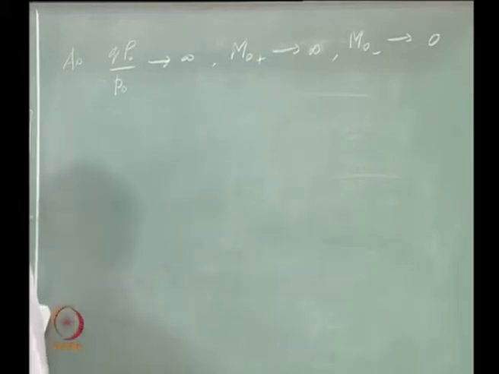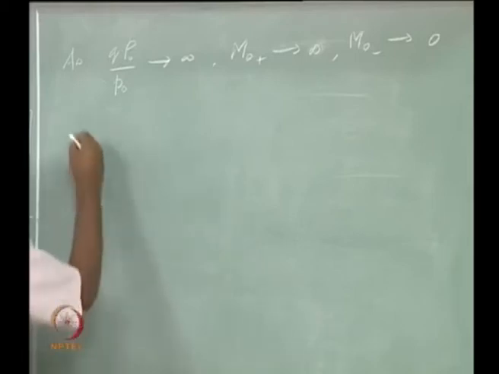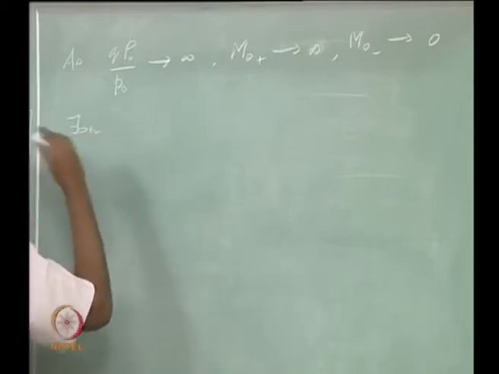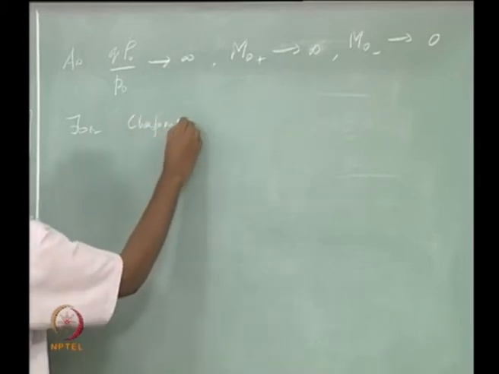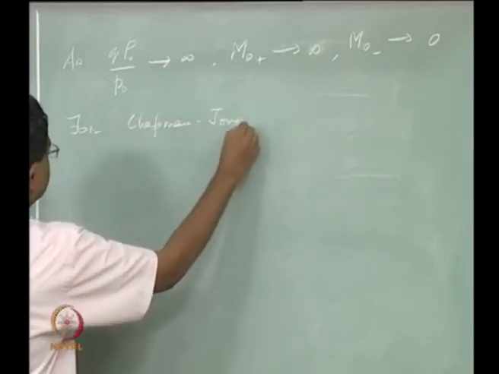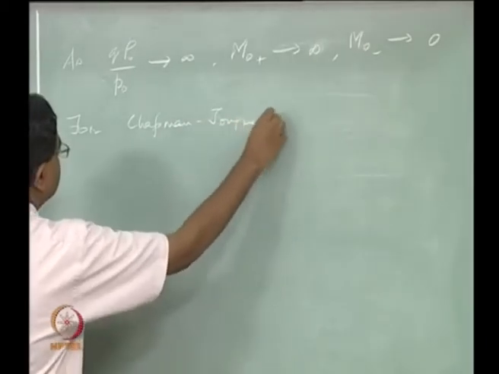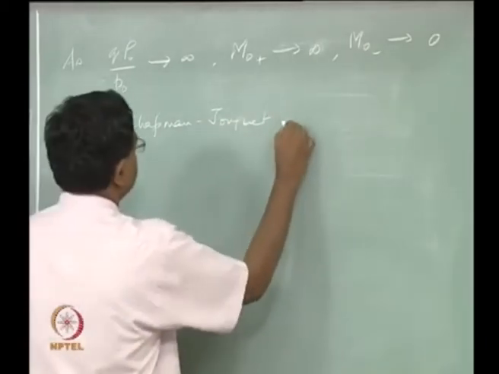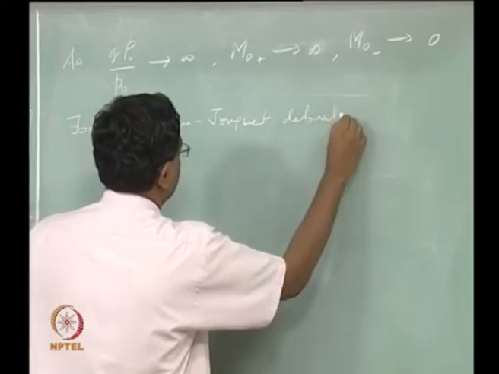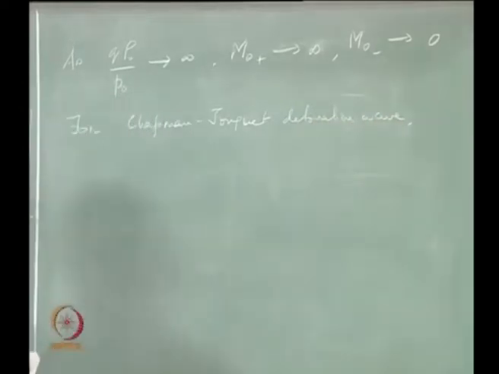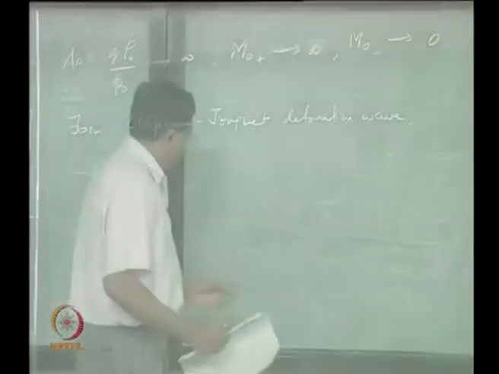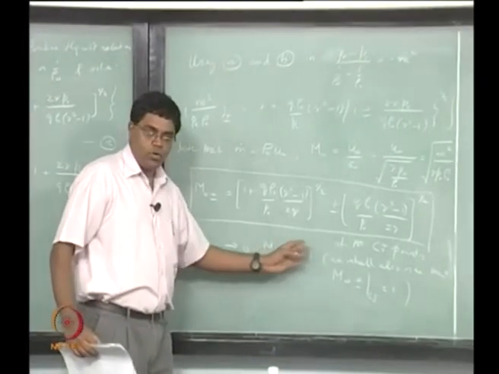what you're then saying is, for the Chapman-Jouguet detonation wave, keep in mind when Q is equal to 0, M naught plus or minus both of them are going to be equal to 1.